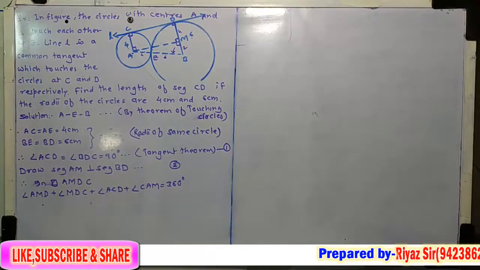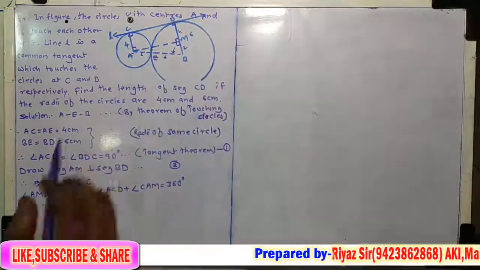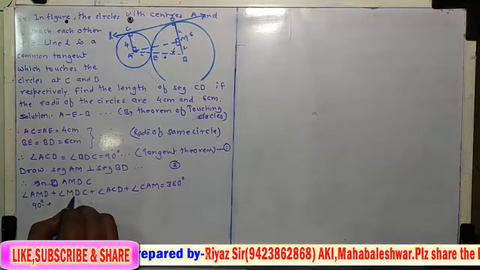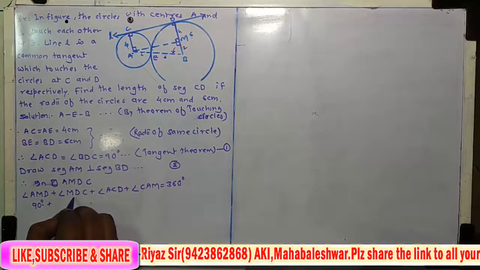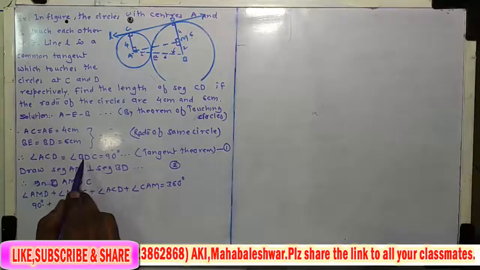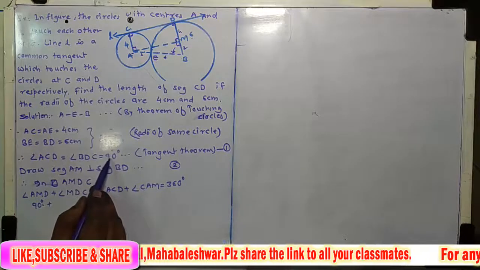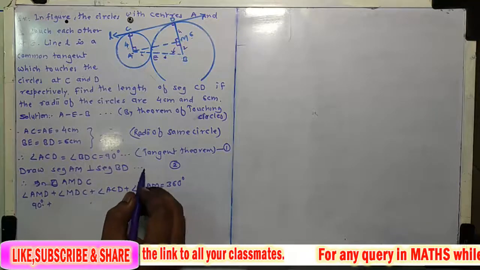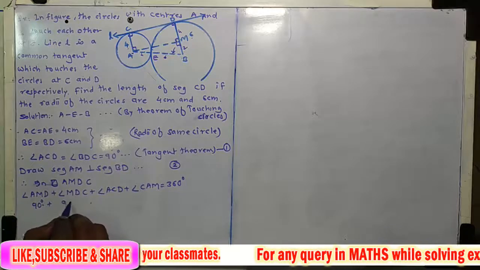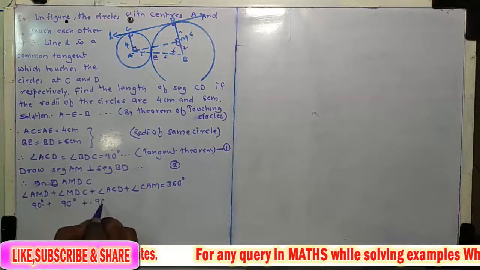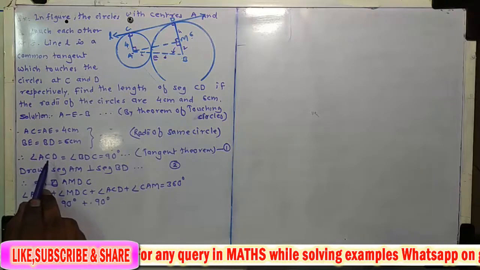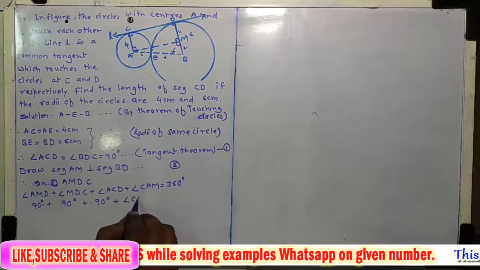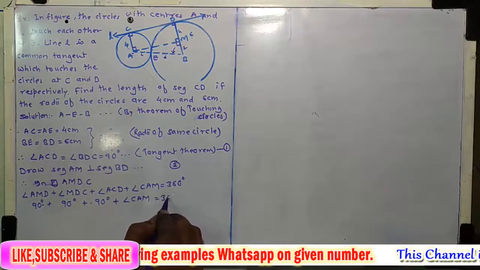You can write here. Okay, now angle AMD is 90 degree. This is by construction. From equation 2 you can write angle BDC is equal to 90 degree. So BDC you can write as MDC also, because those 3 points are collinear points. So you will get 90 degree plus 90 degree, because ACD is nothing but 90 degree, plus angle CAM is equal to 360 degree.